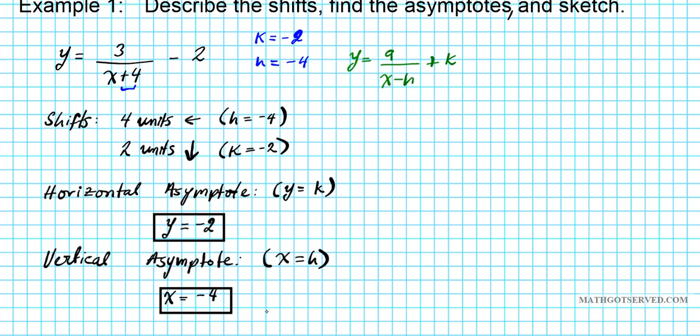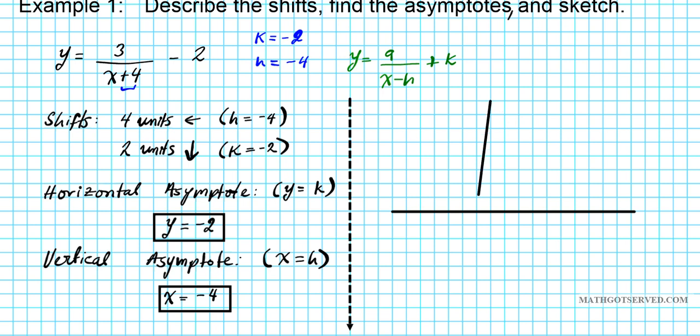All right, now let's go ahead and do a sketch of the function. I'm going to sketch it somewhere to the right. When you are sketching a rational function of this nature, the first thing you want to do is sketch the asymptotes, because they're going to guide the construction of your graph. Where are our asymptotes located?